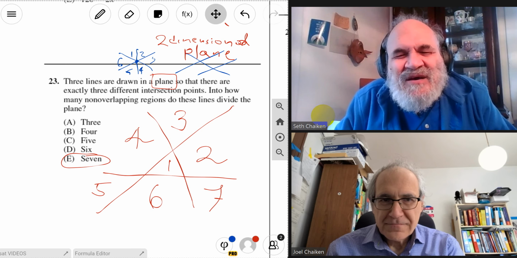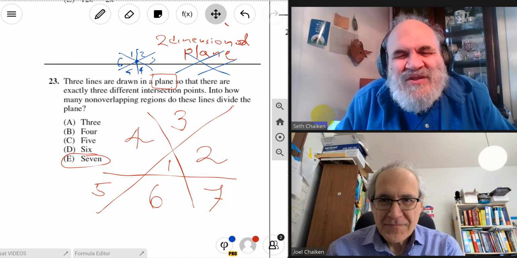How many regions does the new line create? Well, there are n minus 1 crossing points on the new line, and so there are n regions added. Right? So every time you add a line, you add n regions.